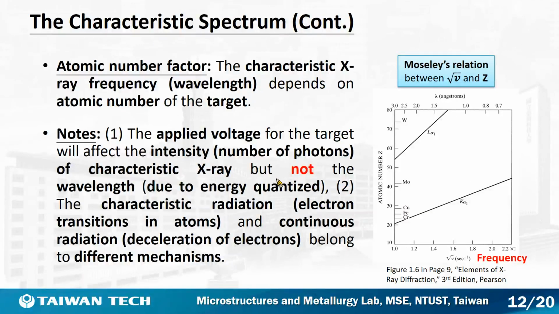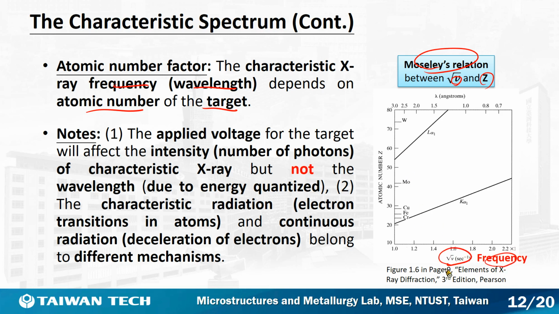Okay, and let's talk more about characteristic spectrums. Actually, the frequency or the wavelength of these X-rays depends on the atomic number of the target. As you can see here, this is the Moseley relationship between the square root of ν and Z. Z is the atomic number, and ν is the frequency.